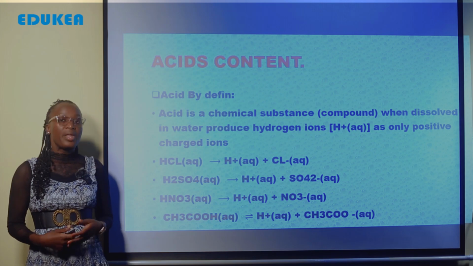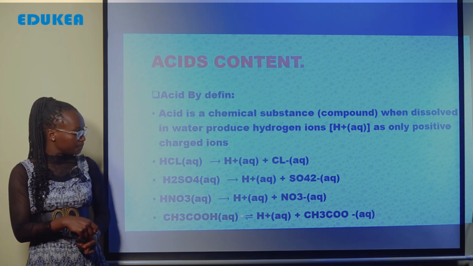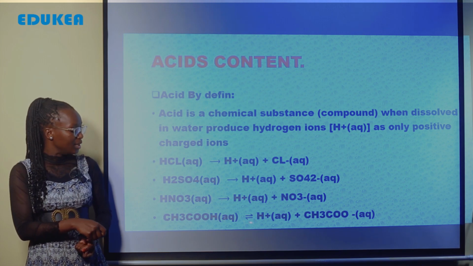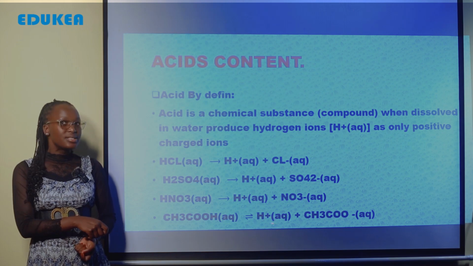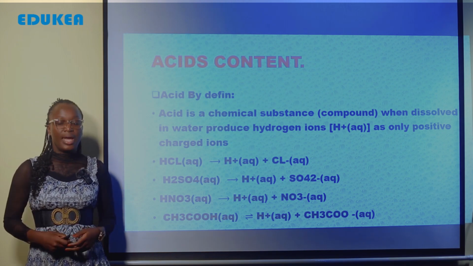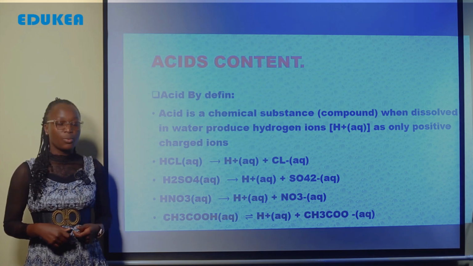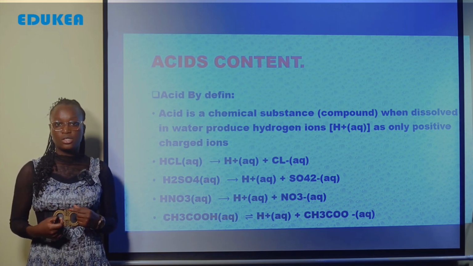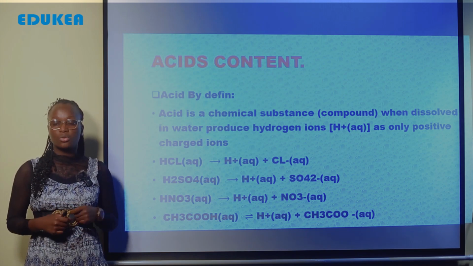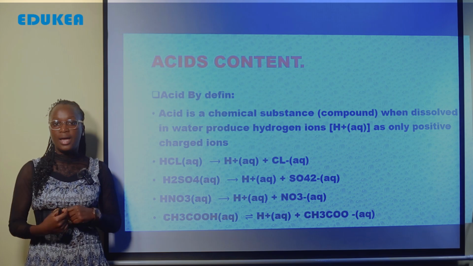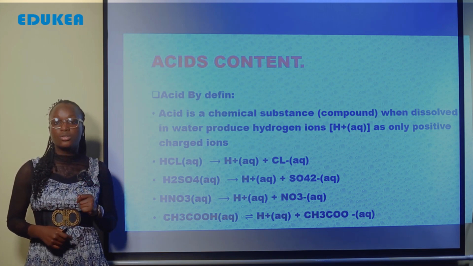Another one is acetic acid. This compound dissociates partially to produce, but it produces what? The hydrogen ions, and these hydrogen ions are positively charged, as we have seen in our definition. So all compounds or substances which tend to dissolve in water and produce hydrogen ions which are only positively charged, this is what we call an acid.